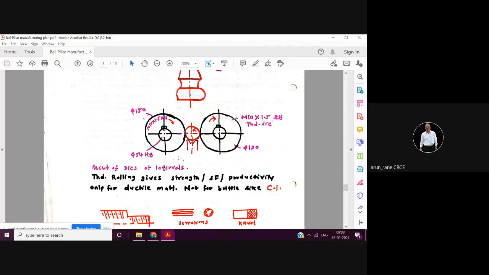Sir, if one diameter of a die is 150 and we are using another diameter of 75, then also the threading will happen, right, of the same pitch? Yes, threading will happen, as long as the pitch on both is the same, it will cut.